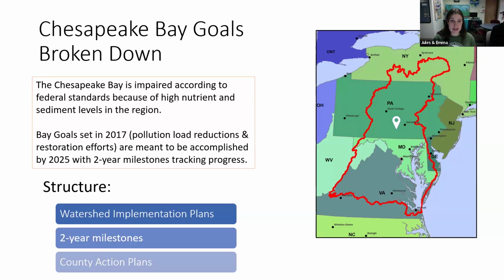In 2017, there was a midpoint assessment of where we stood with pollution load reductions and restoration efforts. There's an end goal of 2025 that we are trying to meet for the TMDLs.